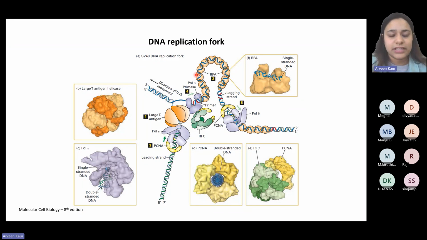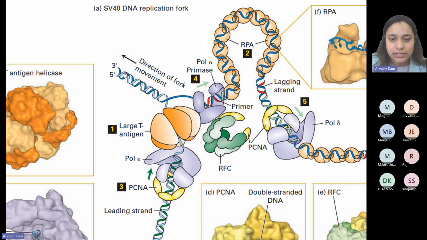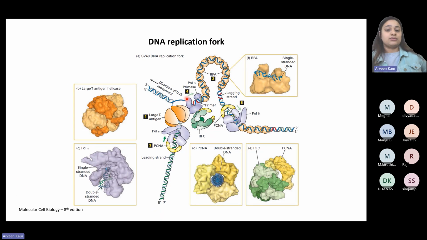So what are we looking at? We are looking at a replication fork. Now, which region over here signifies a replication fork? This particular region, right? Okay, I will just zoom out, because if I zoom in, I cannot use my pointer. So this particular region is the replication fork, because this is an existing DNA, which is represented by dark blue and light blue.